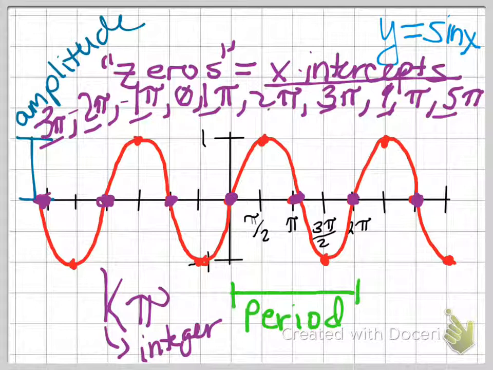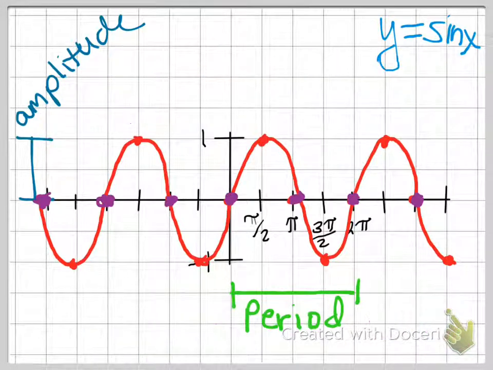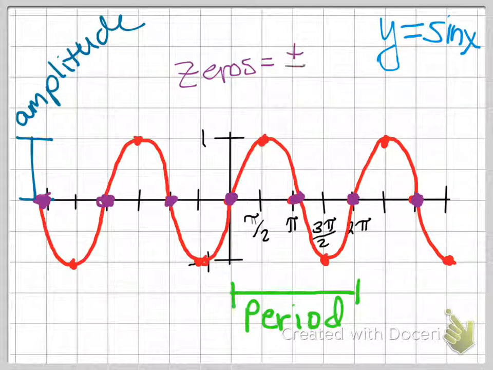K sums all that up for us so we don't have to write all of those different answers. So my zeros for the sine graph are k pi. Just to make it nice and neat, I'm going to put that my zeros are located at plus or minus k pi.